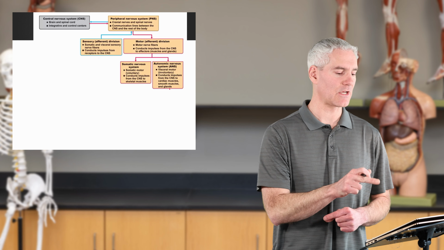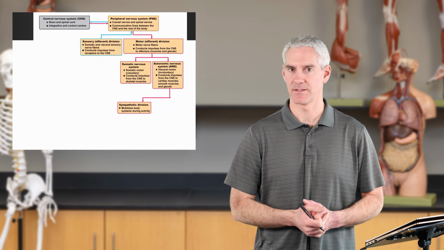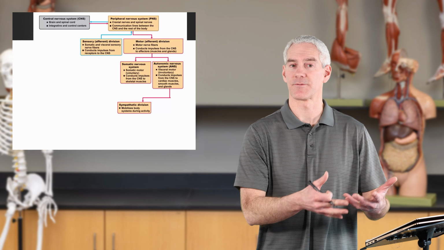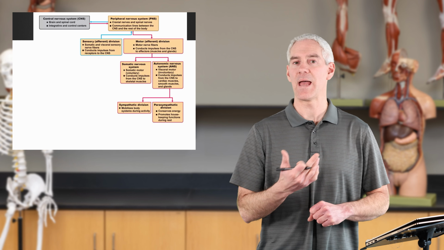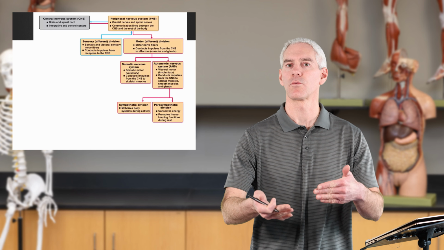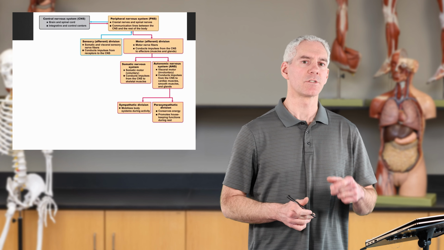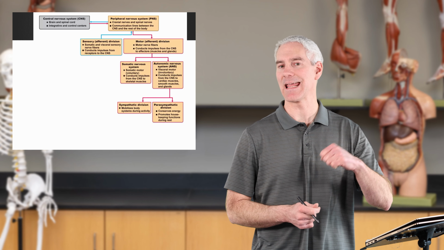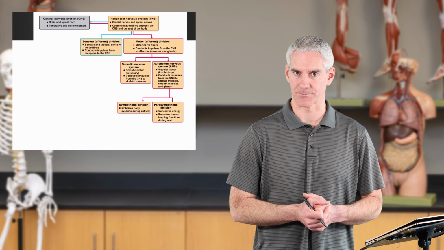Then take that autonomic nervous system and break it down to sympathetic division. Sympathetic, fight or flight, your body's ready to react. And the parasympathetic division, rest and digest, your body's calming and relaxing. Both the sympathetic and the parasympathetic division are under the autonomic division.